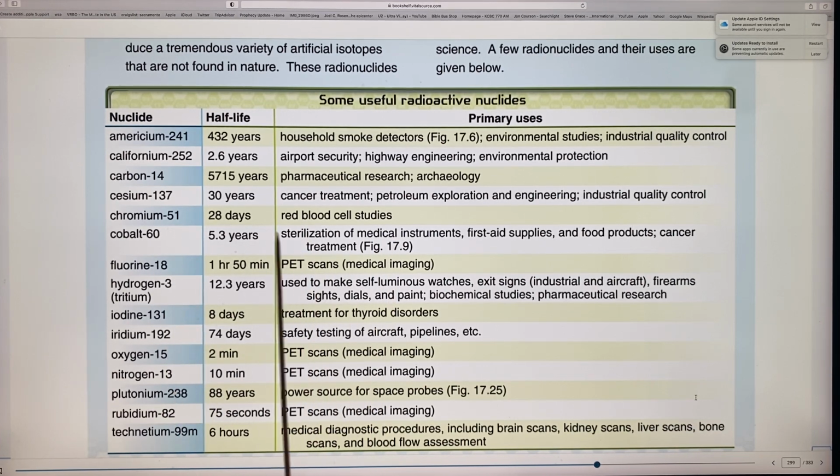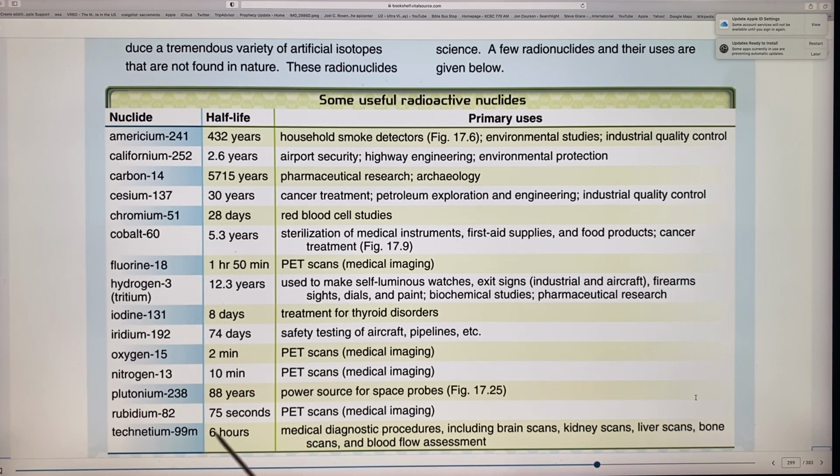Cobalt-60 is used for sterilization of medical instruments, first aid supplies, and food products, and for cancer treatment. Fluorine is used for PET scans. Hydrogen, as tritium, is used for luminous watches, exit signs, sights, dials, paints, and biochemical studies. There's a lot for hydrogen. Iodine-131 is used for treatment of thyroid disorders.